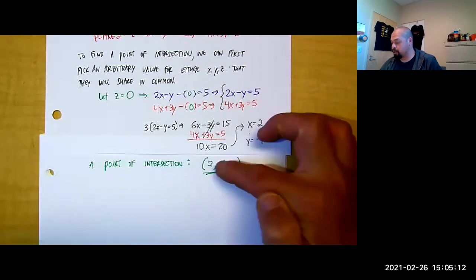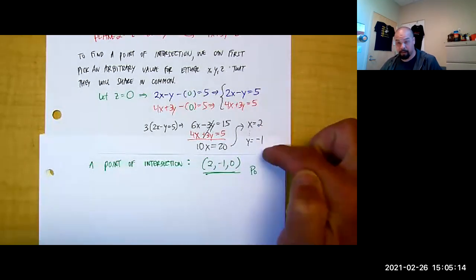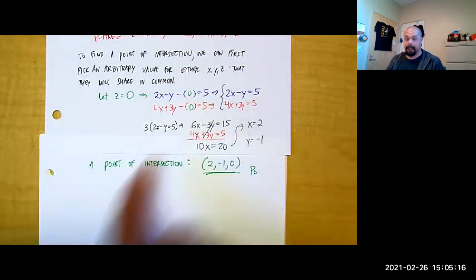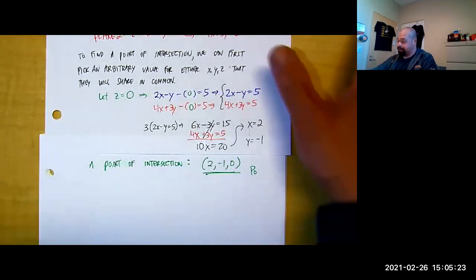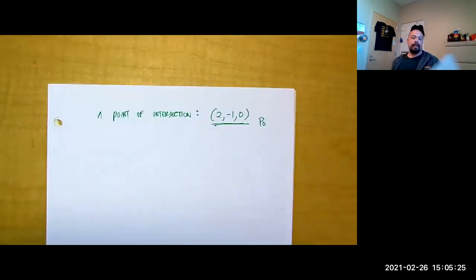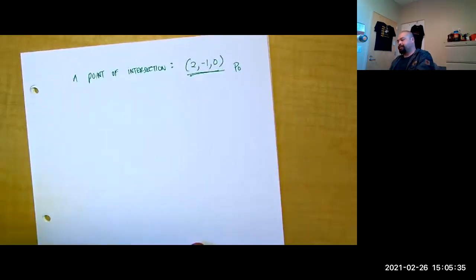So this point 2, -1, 0 is part of both of our original planes. So we have a point where these two planes intersect. Now we need that direction vector.